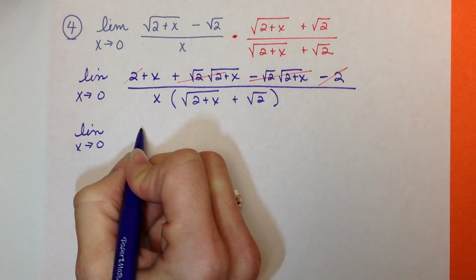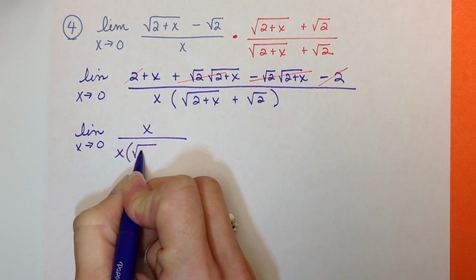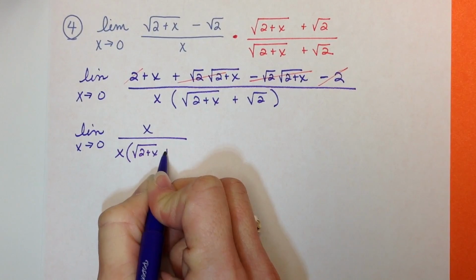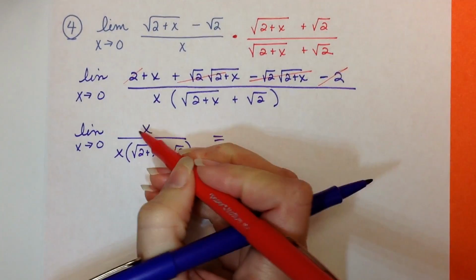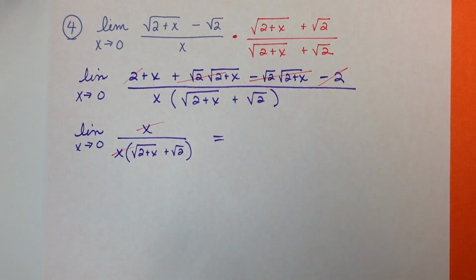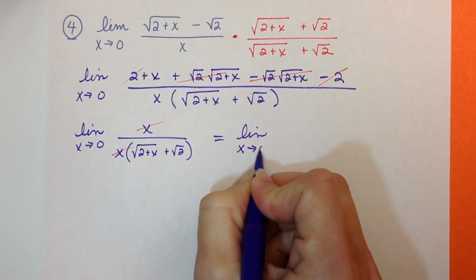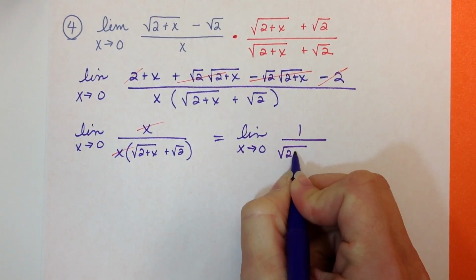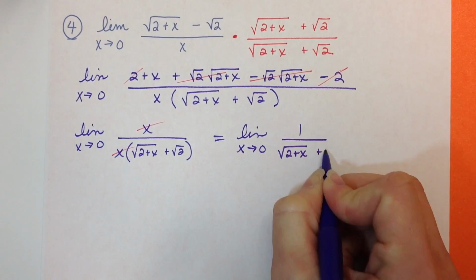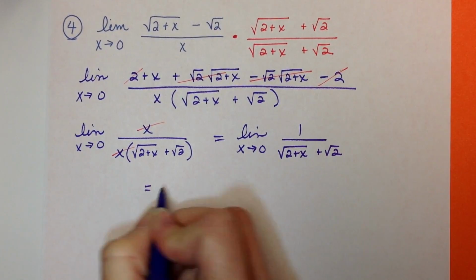So that leaves you with an x on the top. And then your x's are going to cancel. And now you should be ready to do the direct substitution.